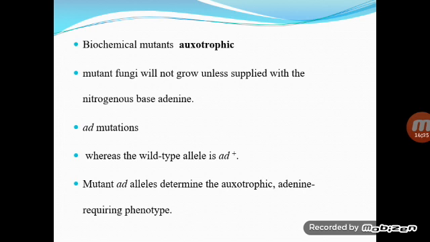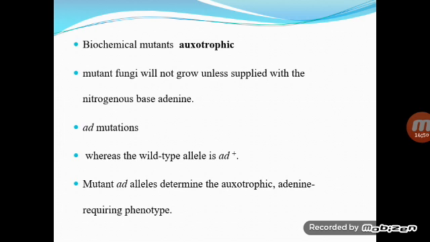For example, one class of biochemically mutant fungi will not grow unless supplied with the nitrogenous base adenine. So here biochemically mutant fungi have a deficiency of adenine.